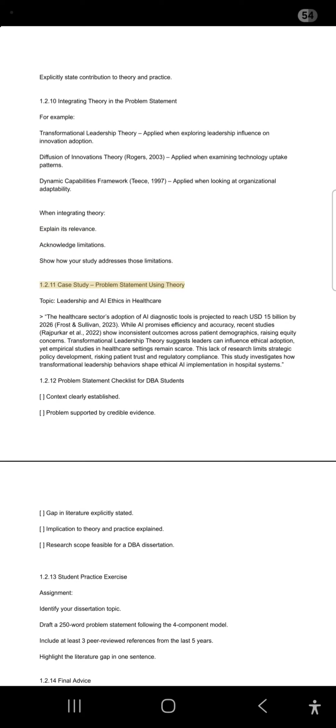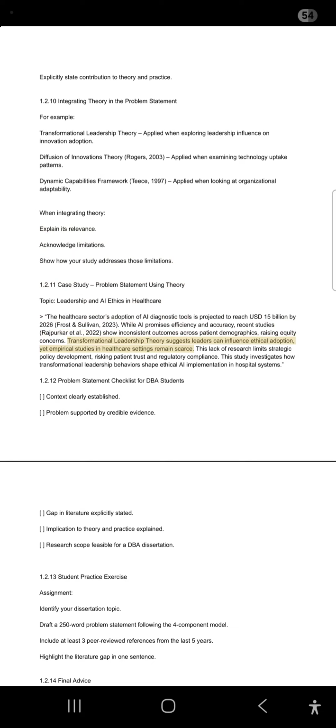1.2.11 Case Study: Problem Statement Using Theory. Topic: Leadership and AI Ethics in Healthcare. The healthcare sector's adoption of AI diagnostic tools is projected to reach $15 billion United States dollars by 2026 (Frost and Sullivan, 2023). While AI promises efficiency and accuracy, recent studies (Rajpurkar et al., 2022) show inconsistent outcomes across patient demographics, raising equity concerns.